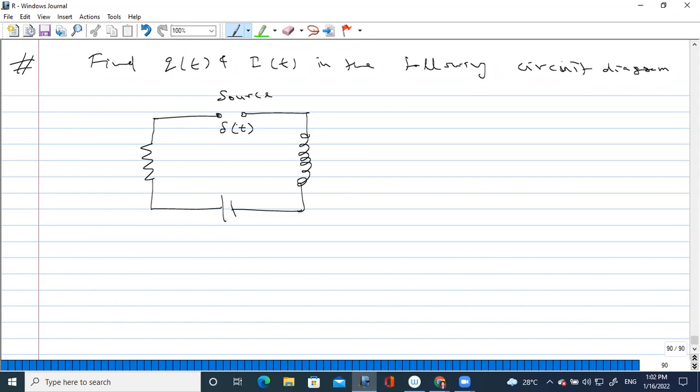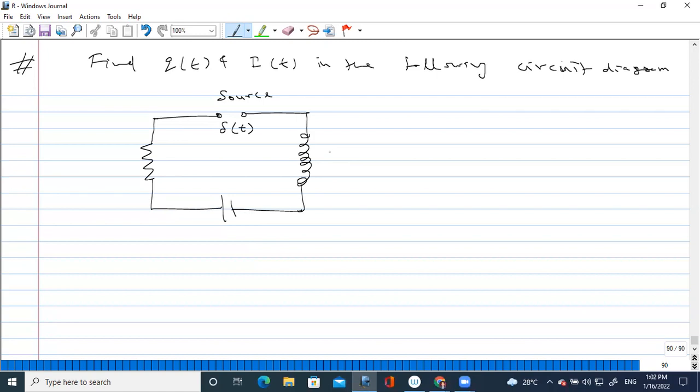This is a function of t, a function of time. Now with the time, what happened here: this is a voltage, and this total voltage will be divided into these three parts.